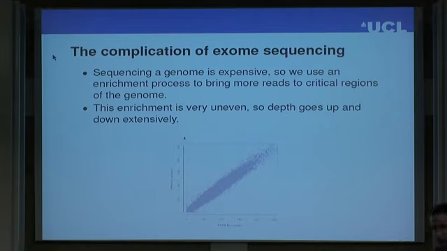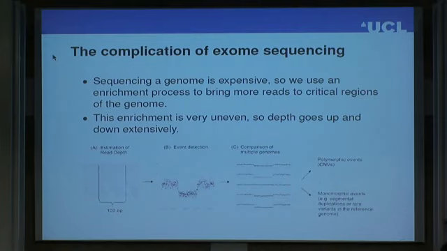Meaning some exons are extremely highly covered, and some have very shallow coverage, just because of the way these enrichment strategies work in practice. So it won't look remotely close to that. What you get is up, down, something completely all over the place because of that first step of sequence enrichment.